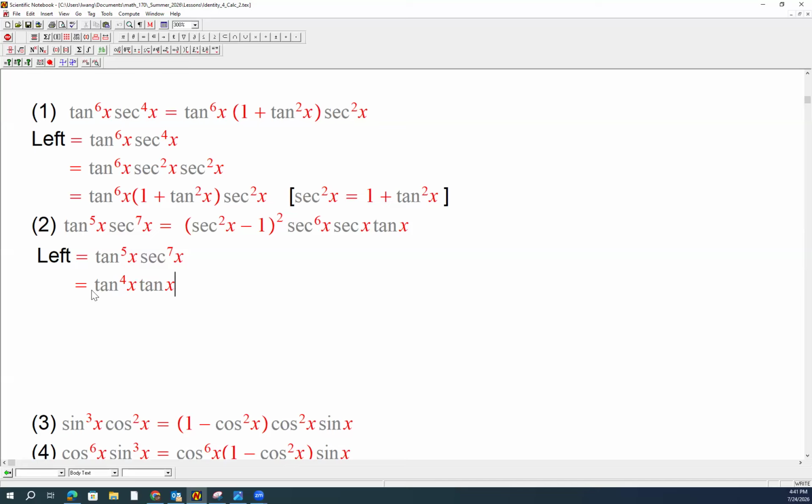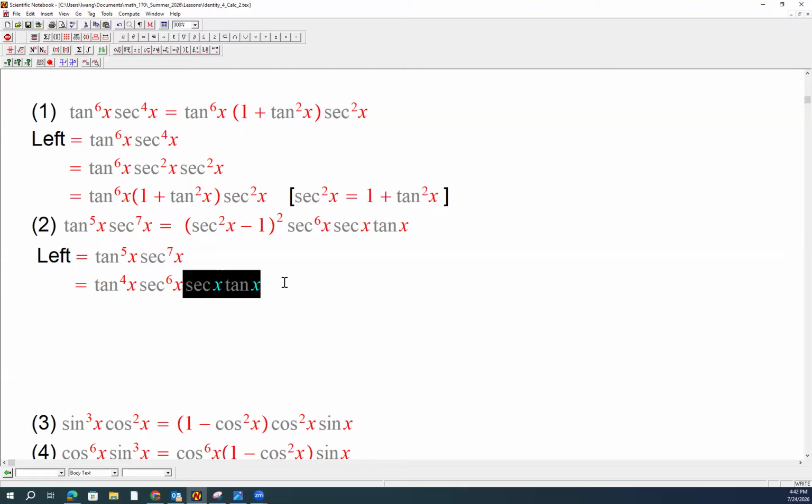That's still tangent to the power 5. And secant to the power 7, I'm going to write as secant to the power 6 of x multiplied by secant of x. So this is still secant to the power 7, tangent to the power 5. Then I'm going to bring secant tangent to the end. Now I've got secant tangent right there.